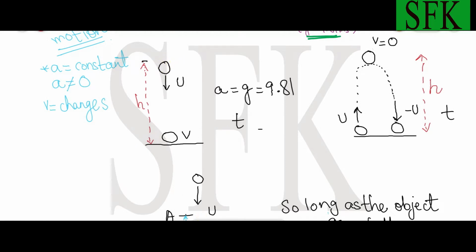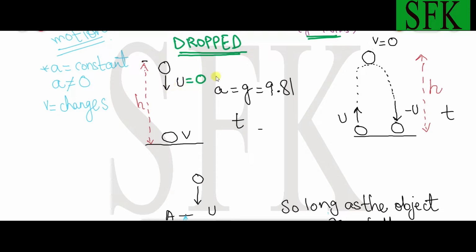First case, a ball or any object being dropped from a certain height. This key term drop is important. Anything that is dropped means that its initial velocity u is always 0.